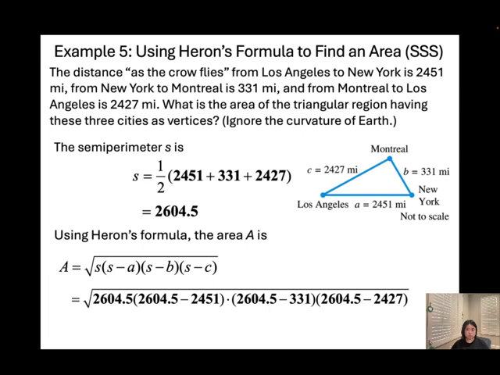Use your calculator. You should get 401,700 square miles. Okay, state the unit. That's it.